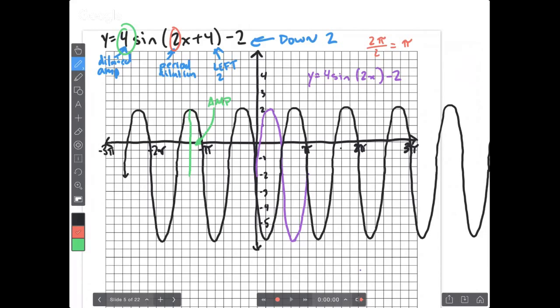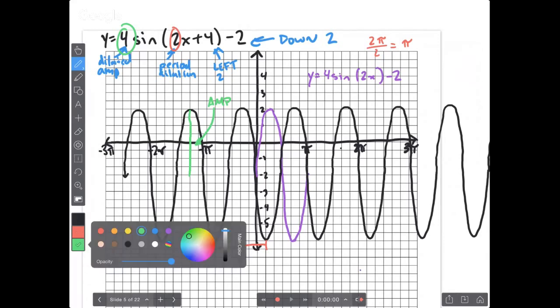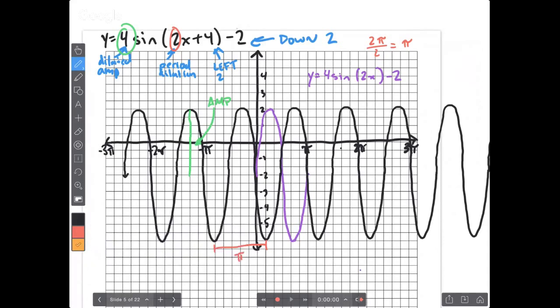This is 1 period, pi units. I moved the midline, so it was down 2. And I did the phase shift, which moved us, well, left 2 spaces.